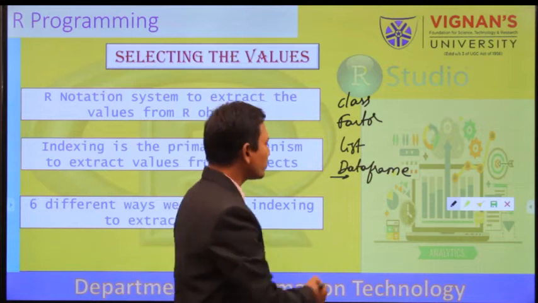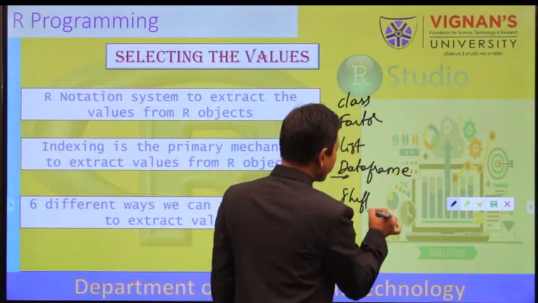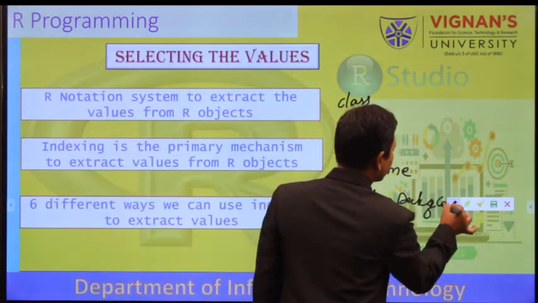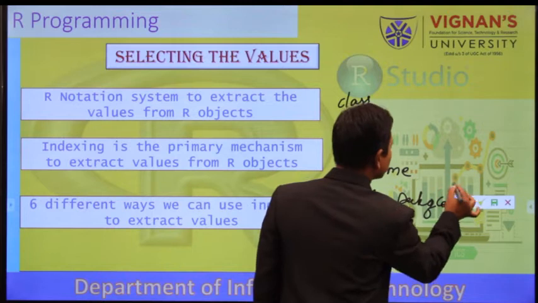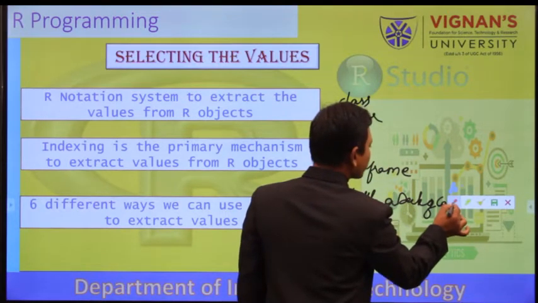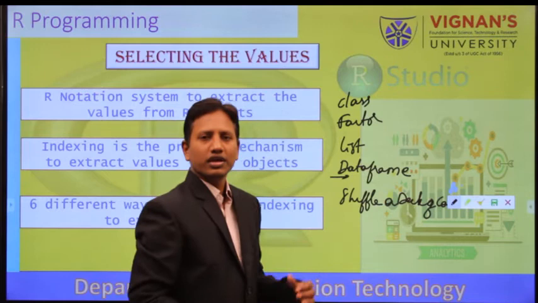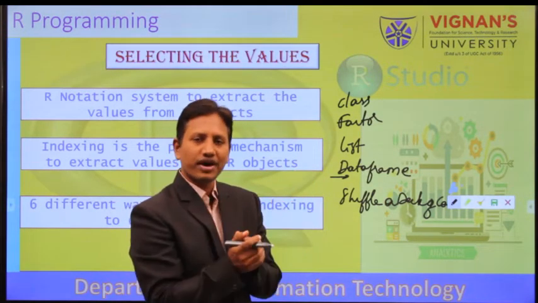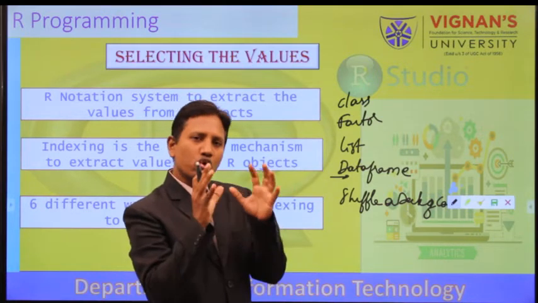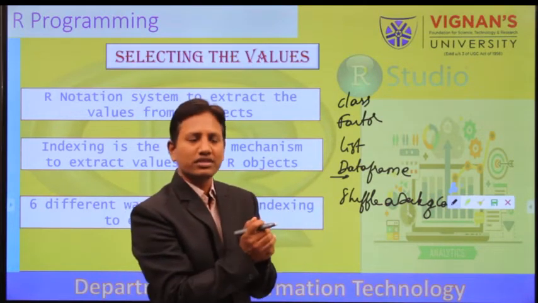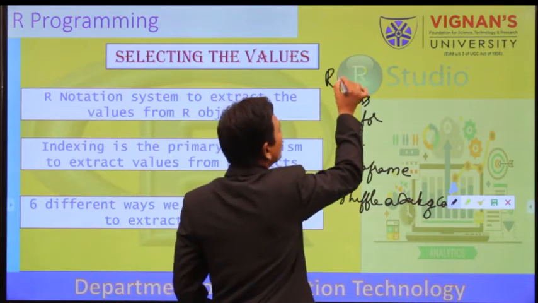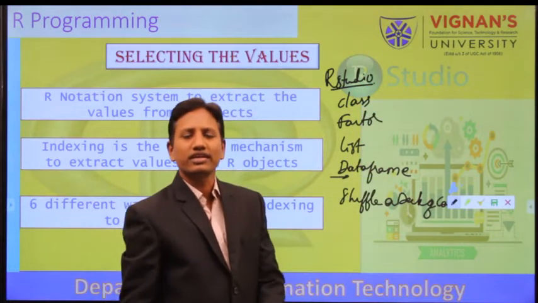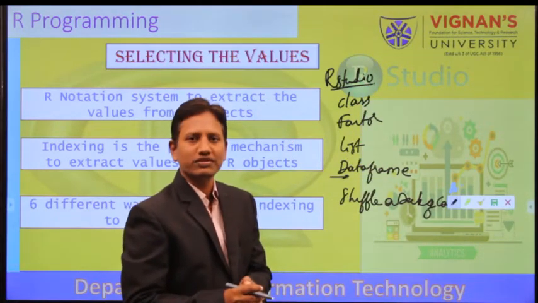That is how to shuffle a deck of cards. In this application, we have learned how to create a CSV file, and after that how to load that CSV file into the R environment, that is RStudio, which is an important IDE, integrated development environment.